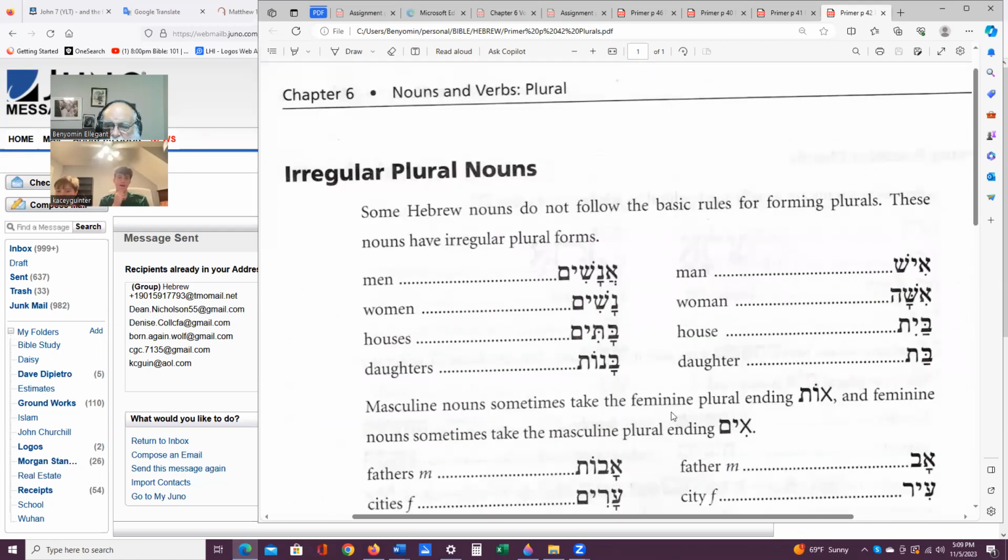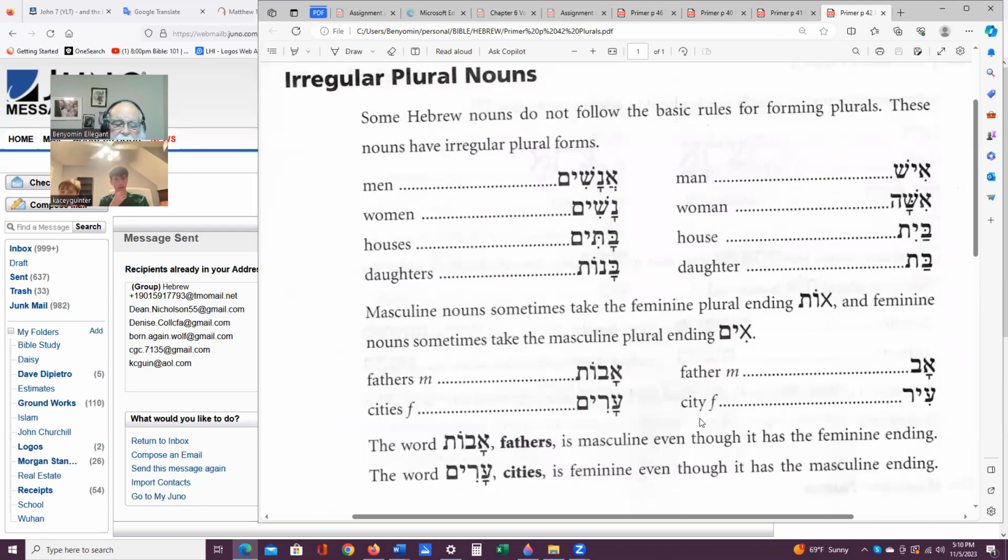Masculine nouns sometimes take on the feminine ending. We've looked at this already. Av, avot. Ir, arim. The city, see, is feminine. I said it was masculine. No, it's feminine. And this is an exception: you've got the im ending for cities. Here's another rule of thumb.